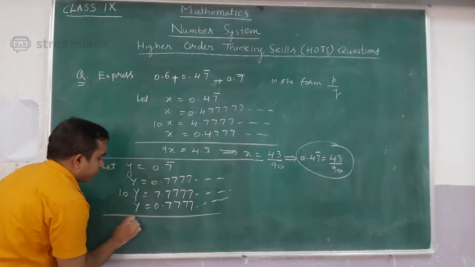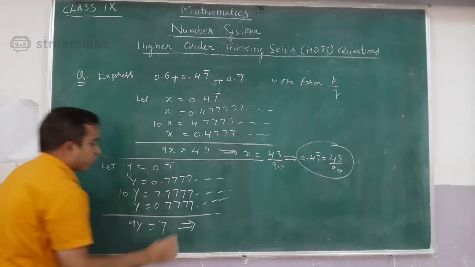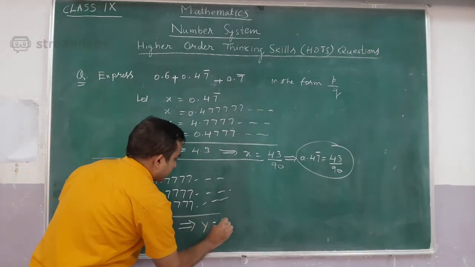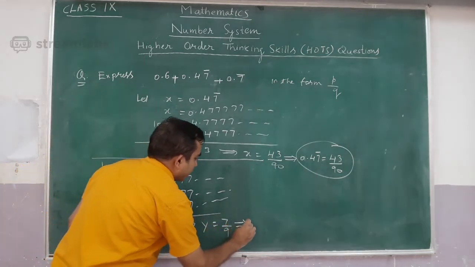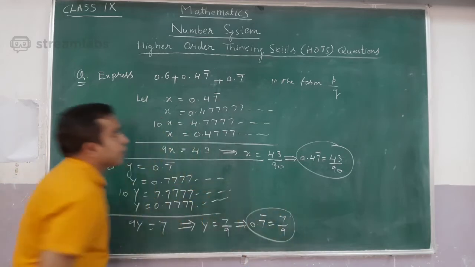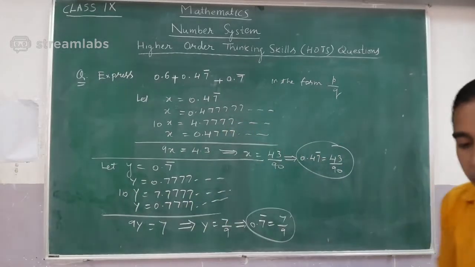Subtract: 9y is equal to 7, which means y equals 7 by 9. So 0.7 bar is equal to 7 by 9. Now you have to simplify.